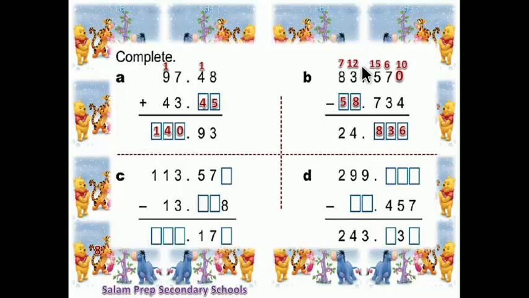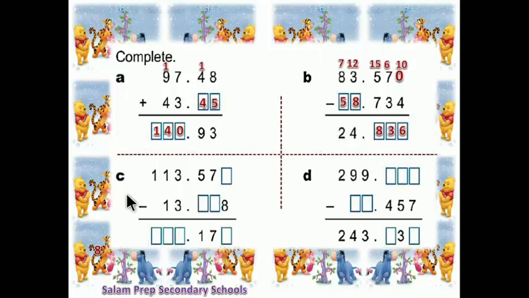Okay? Now 12 minus what? Equal 4. Excellent. 8. I will put 8. Now 7 minus what? Equal 2. Excellent. 7 minus 5 equal 2.